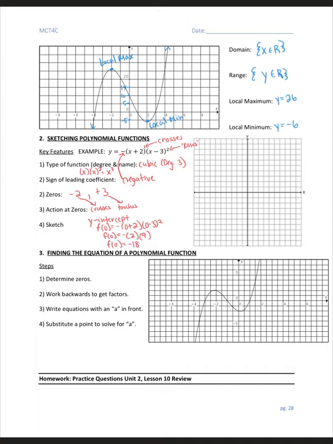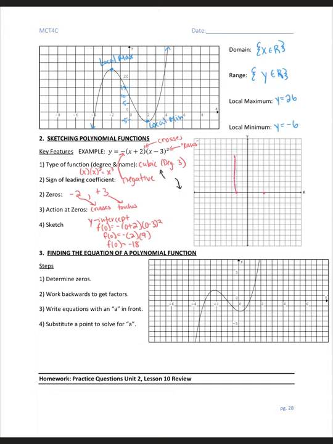So let's sketch our zeros first. So we have a 0 at -2 and a 0 at +3. We know if we have a negative cubic function, then that's going to be similar to a negative line where it's up to the left and down to the right. So at our zeros, we can mirror those end behaviors.